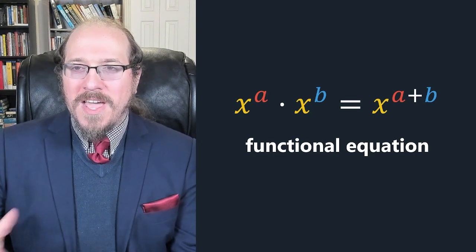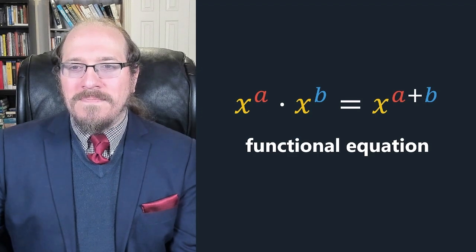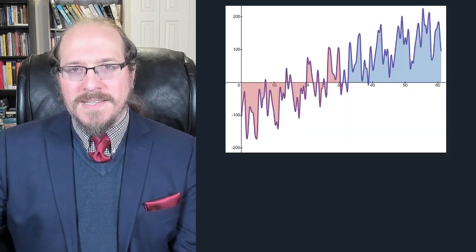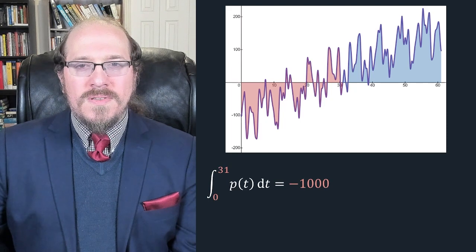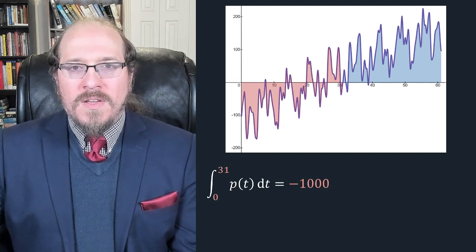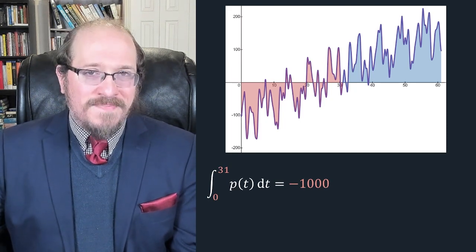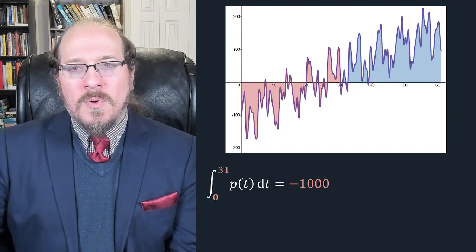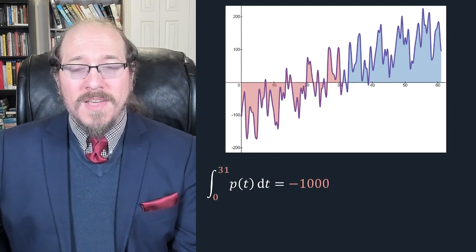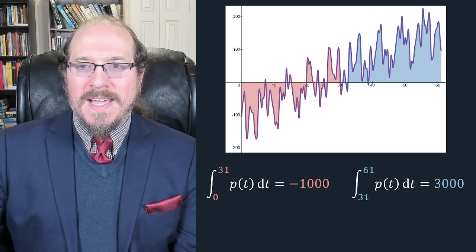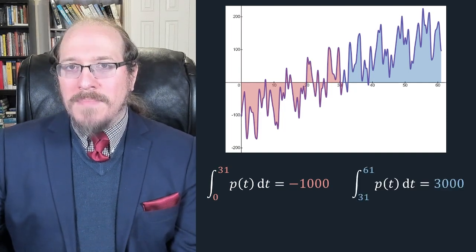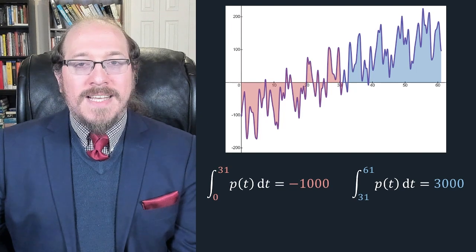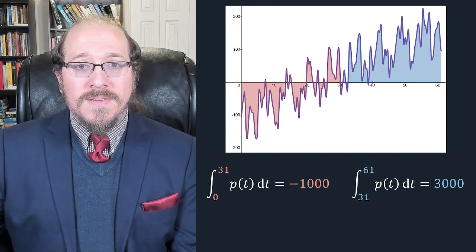In fact, you might have thought of it already. Let's go back to our business example. Suppose over your first month in business, your net profit is a total of negative $1,000. That is, you had to spend $1,000 more than you brought in. But then business starts picking up, and over the second month in business, the net profit is positive $3,000.